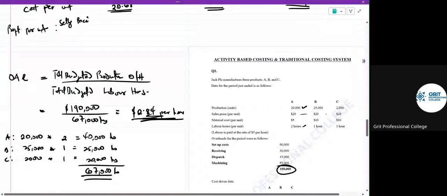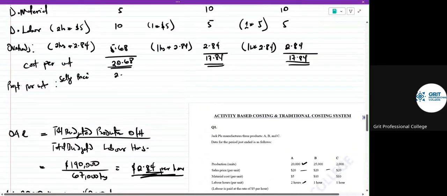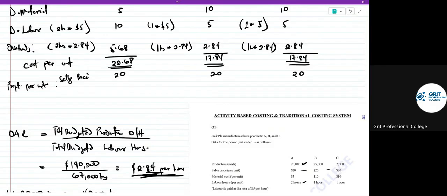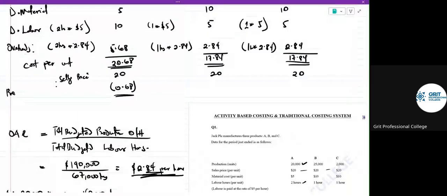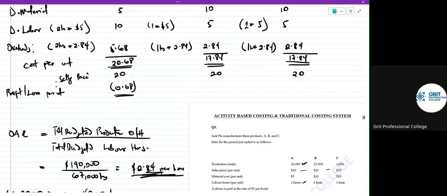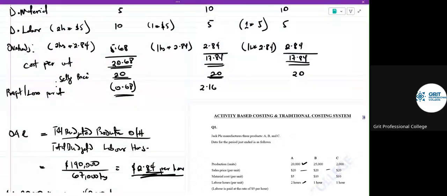It was 20 for all of them. So 20, 20, 20. When you deduct, this will give us a loss of 0.68 for product A. Then a profit of 2.16, and this will also give us 2.16.